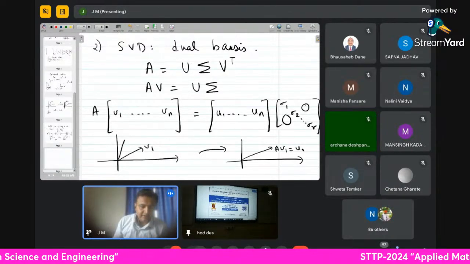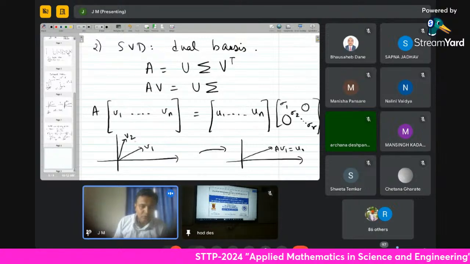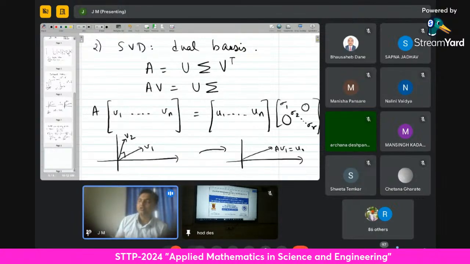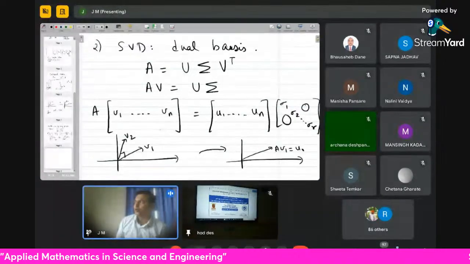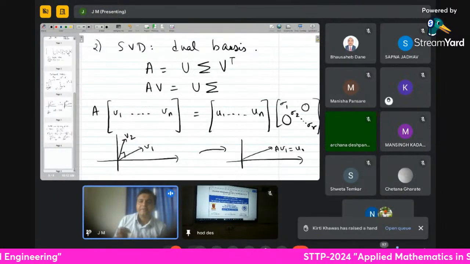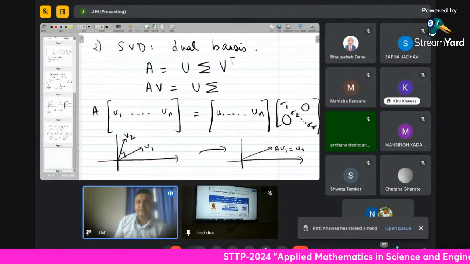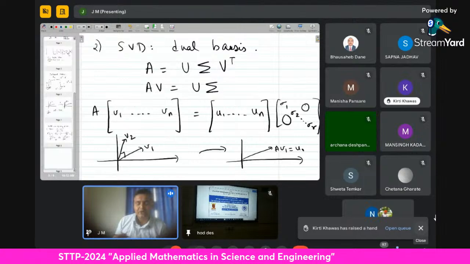If I take V2 over here, which is not in the span of V1, I can always assume this to be orthogonal. Why? Thanks to the Gram-Schmidt process. Once I have a vector V1, you take a vector V2 not in the span of V1, and one can always use Gram-Schmidt to get an orthogonal vector.